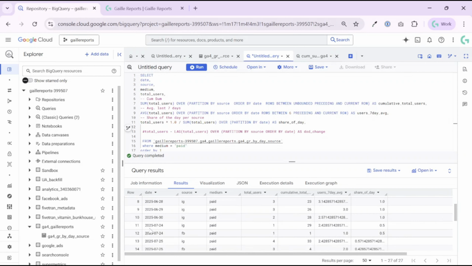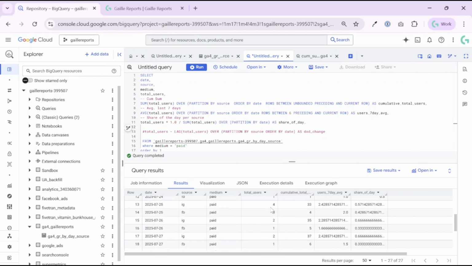For example, on 24th of July, we had 1 user from Instagram and 1 from Facebook. It means that this day 50% of our users came from Instagram and 50% from Facebook. And the next day we had 4 users from Instagram and 3 from Facebook. It means in total we had 7.